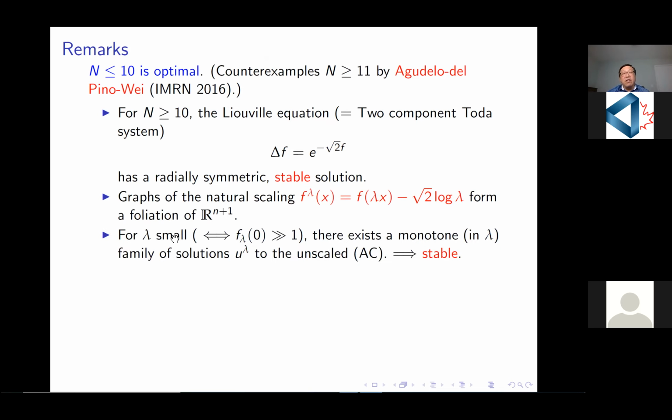We use this foliation to construct a solution to the Allen-Cahn equation, and this solution turns out to be stable.